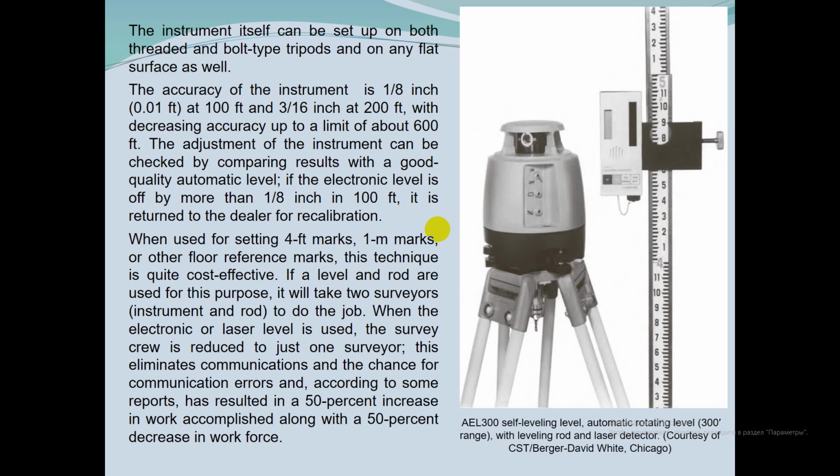The adjustment of the instrument can be checked by comparing results with a good quality automatic level. If the electronic level is off by more than 1/8 inch in 100 feet, it is returned to the dealer for recalibration.